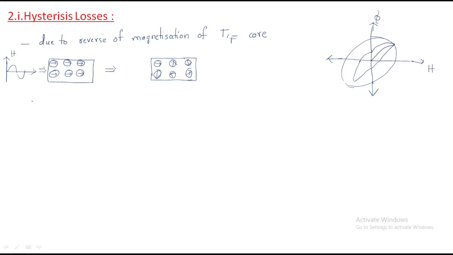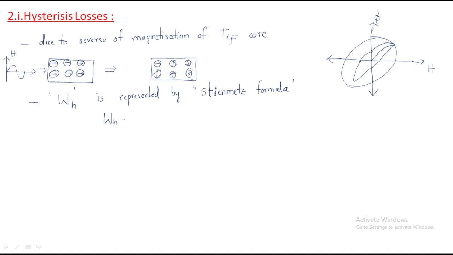So this loss, WH, is represented by the Steinmetz formula. Steinmetz is a scientist. He found out a formula.